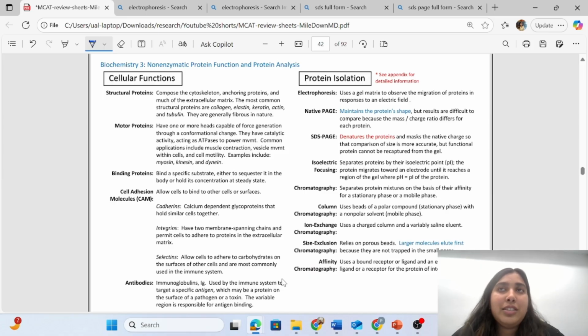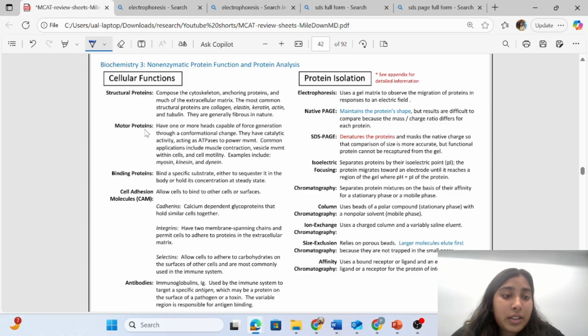Keratin is made up of 2 strands of proteins intertwined with each other, so it has 2 alpha helices, which are left-handed, and if I'm right, it ends up making a right-handed protein structure. Actin, if you see in your biology review, is the thin filament of our muscles in the sliding filament theory. So I think these 3 are the most important structural proteins.